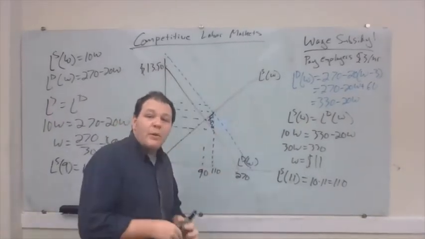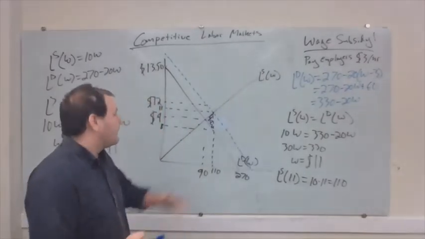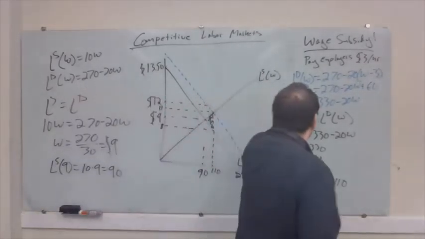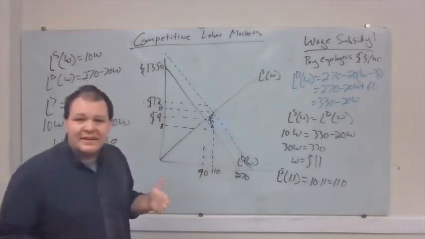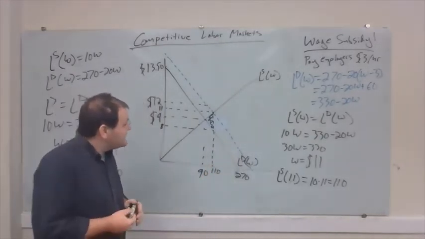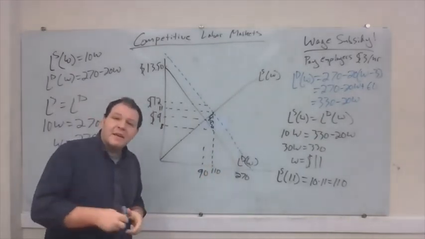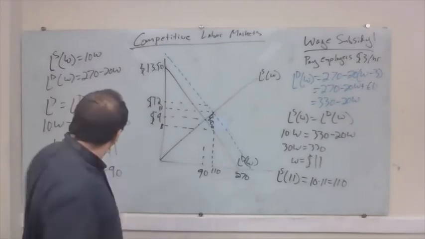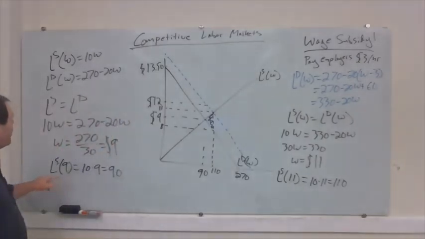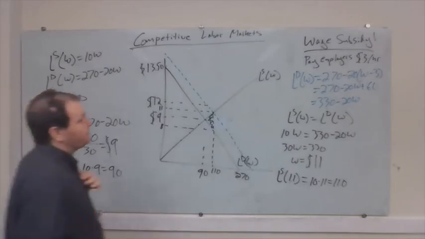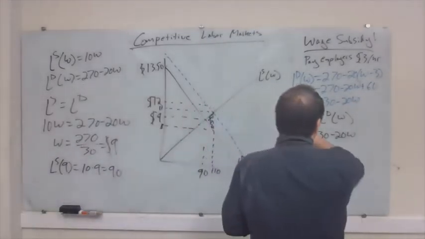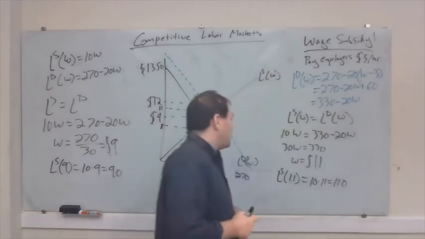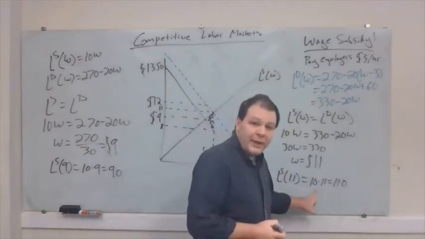One last thing I want to mention about this: you might think, why did we give the subsidy to the employer? Why didn't we give the subsidy to the employee? And the answer is, it would not have fundamentally affected what would happen in this market. If we'd given the subsidy to the employee, so instead of earning W, they earn W plus 3, then our labor supply would become 10 times W plus 3.